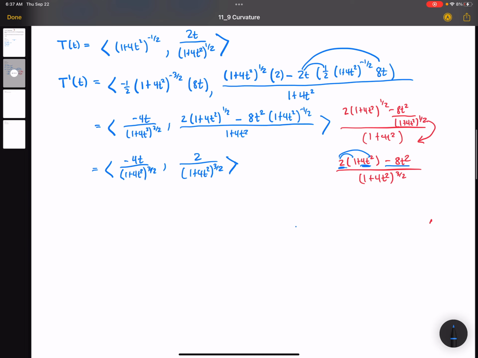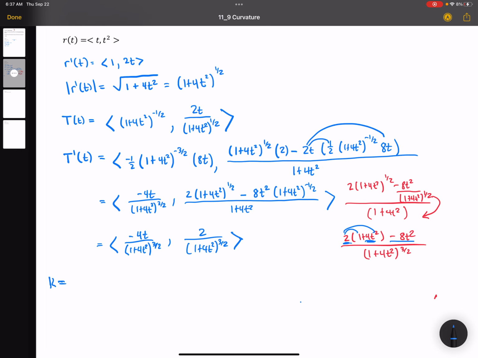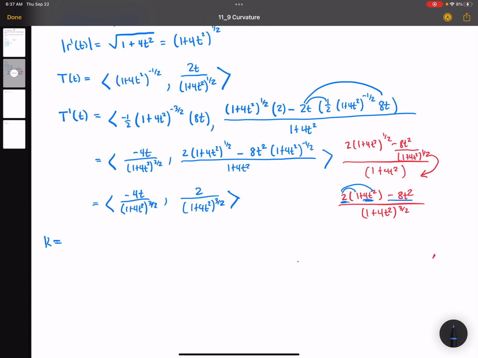So now our curvature is equal to the magnitude of the derivative of the unit tangent vector divided by the speed. We already know the speed is (1 plus 4t squared) to the 1/2.